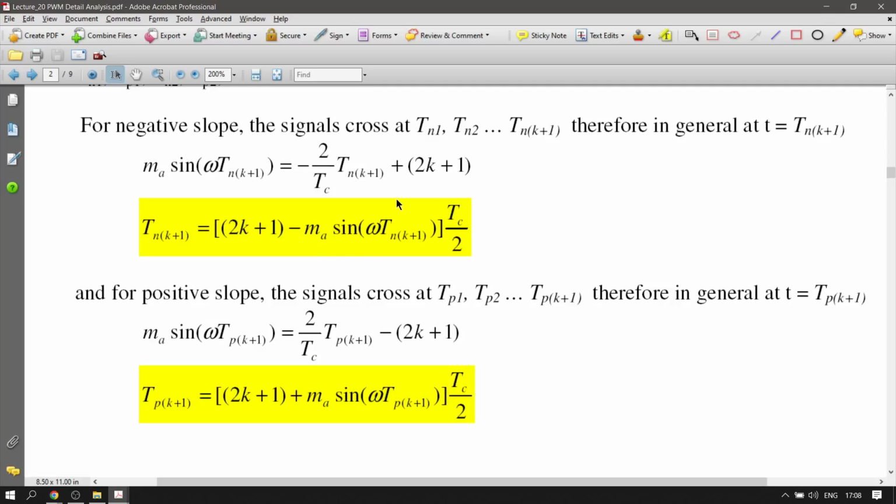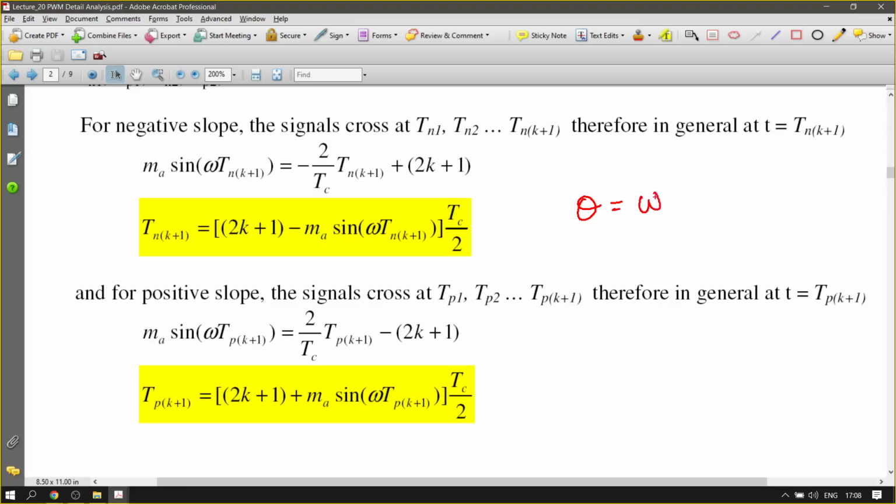Right? Ini yang kita dapat untuk equation yang first, untuk negative slope equation. So, ini dia punya equation dia, t_nk1. And then, ini untuk dapatkan equation ataupun di zero crossing, ataupun kita nak dapatkan point tadi, t_n1, t_n2, apa tu, kan kita nak cari. Sebab we know that theta equals to omega t, isn't it? Kalau kita nak dapatkan theta 1, kita multiply dengan omega t1.